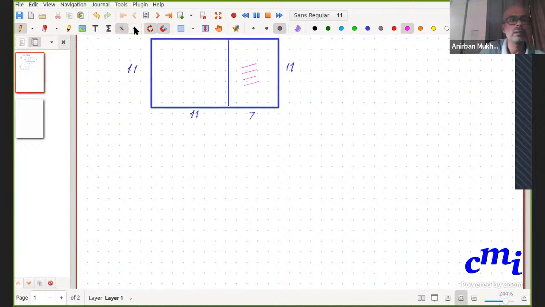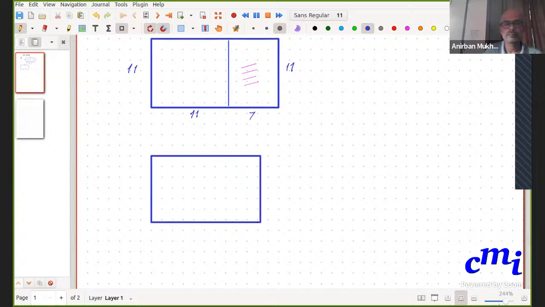So again, go back to this and let's draw this 7 cross 11. Let me keep the same color. Something like this. So this is 7 cross 11. This is 7, this is 11.